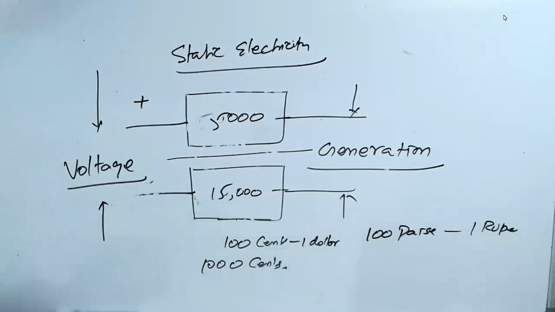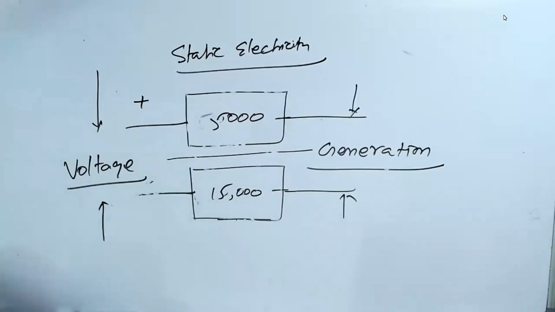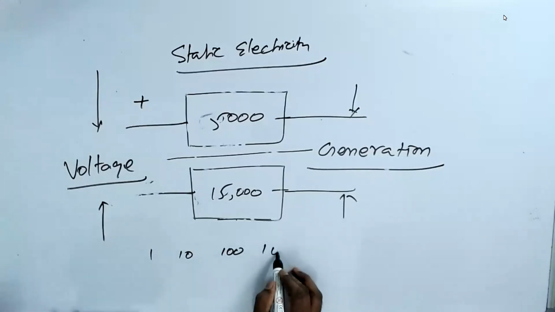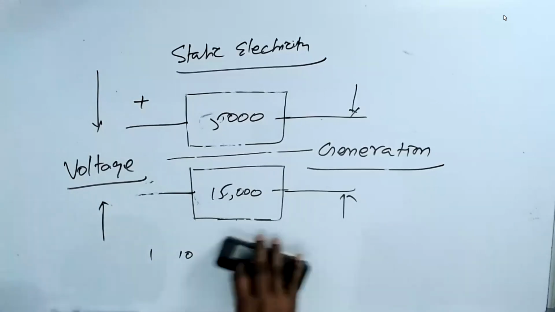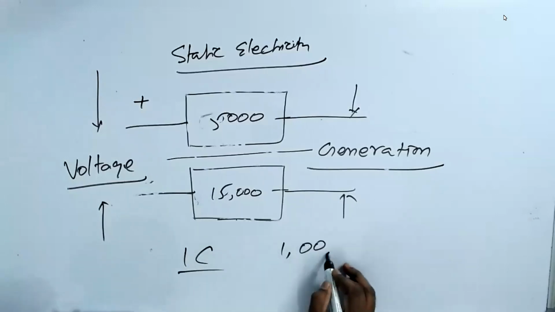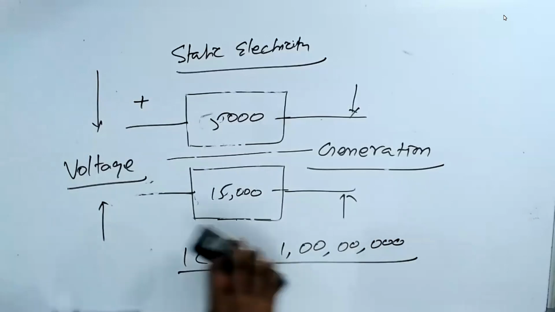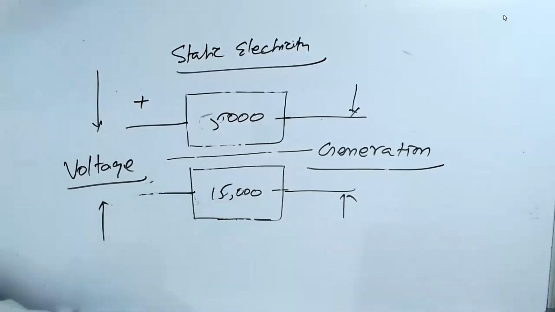Am I right? Because it's easy to remember, like we have 1, 10, 100, 1,000, lakh, crore. We say 1 crore, we don't write 1 followed by 7 zeros. It's a short form of representation.